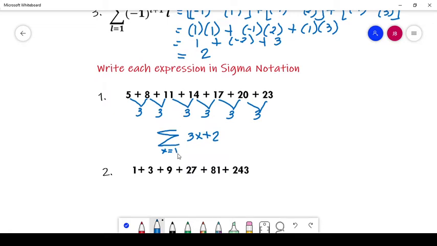And then, we start with 1. So, 1, 2, 3, 4, 5, 6, 7. So, the upper limit is 7.